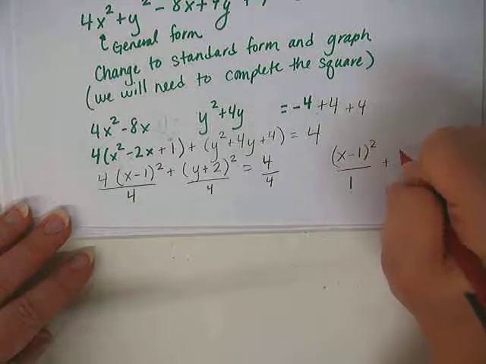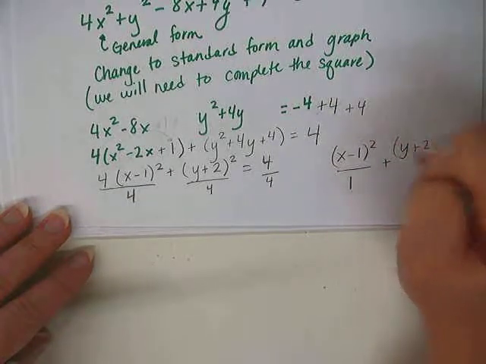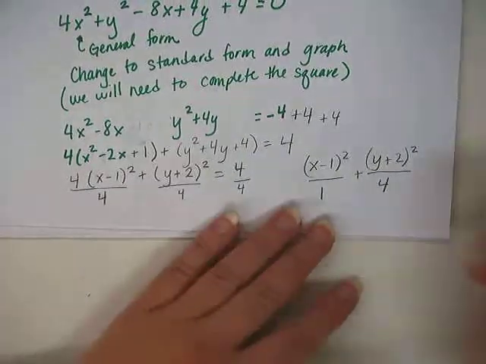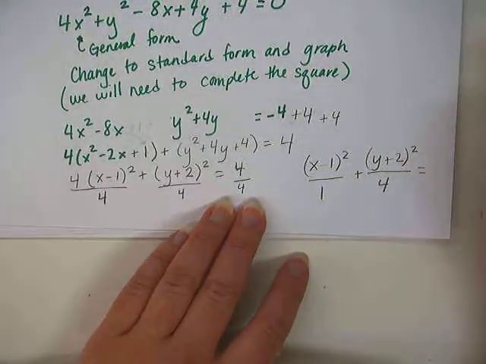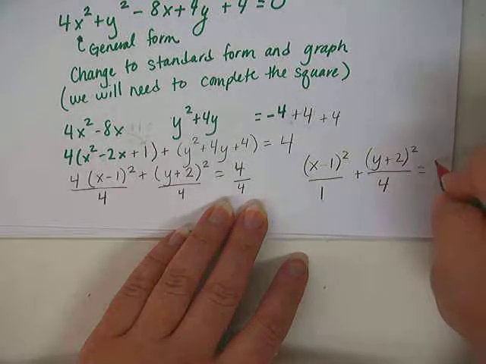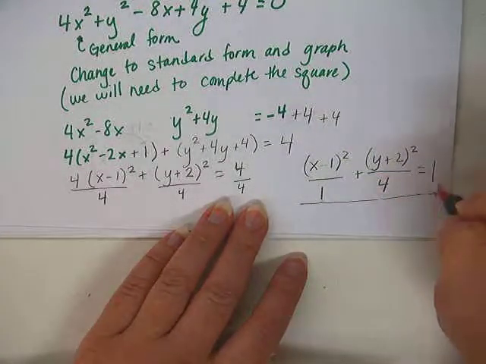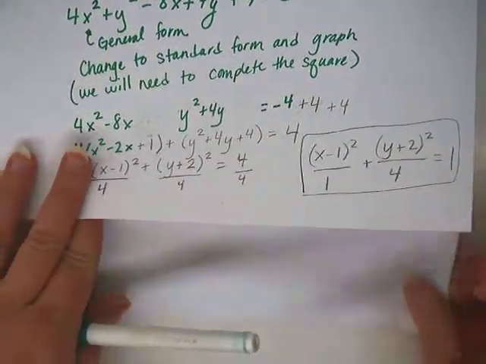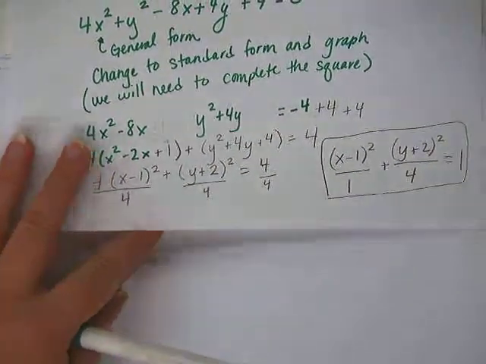Why did that turn into 1? Because 4 divided by 4 is 1. And then y plus 2 squared, that one doesn't reduce, so that's still a 4. But then what do we end up on the right side of our problem? 4 divided by 4 is 1. There's our standard form.